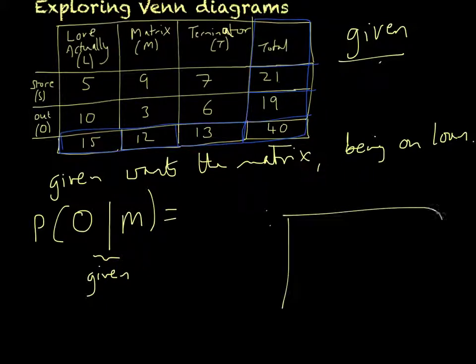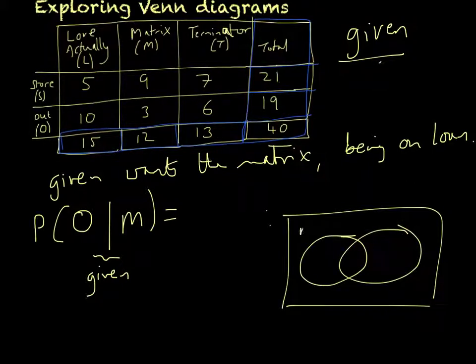So let's think about this in terms of a Venn diagram again. Here we have the matrix, here we have on loan. So we're saying, given that this thing is the matrix, what's the probability of it being on loan at the same time? Can you see that we're trying to select the probability of it being on loan, knowing that we are in the matrix sphere here.